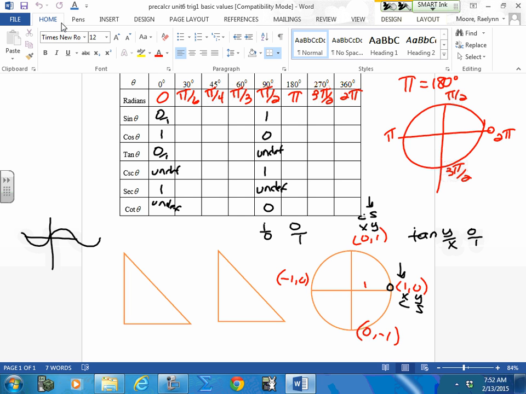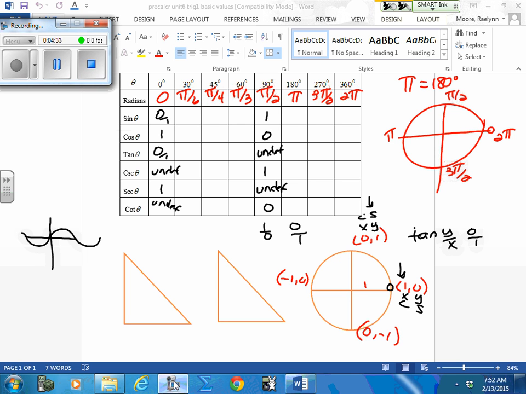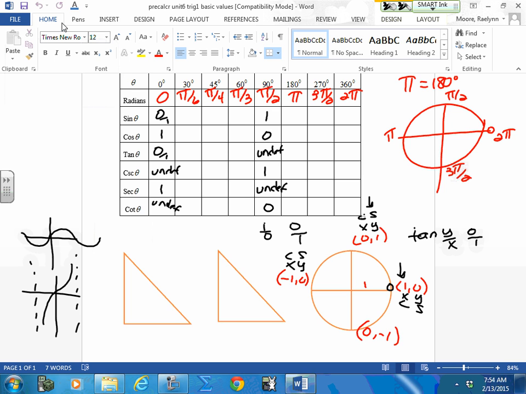All right, see if you guys can fill in the 180 and the 270. Take a minute and see if you can fill those in. Let's see what you have. So for the sine of 180, what's the sine of 180? 0. Cosine of 180? -1.